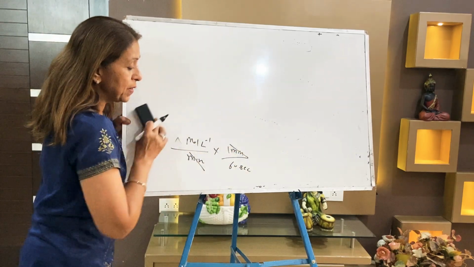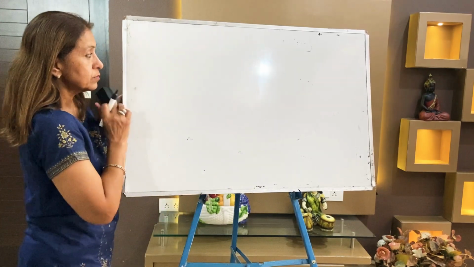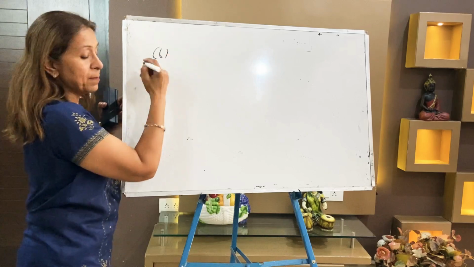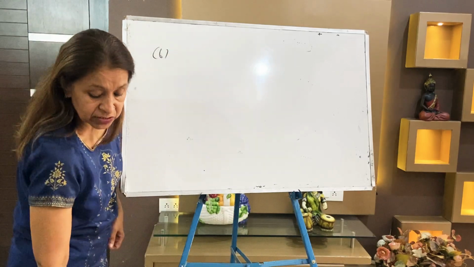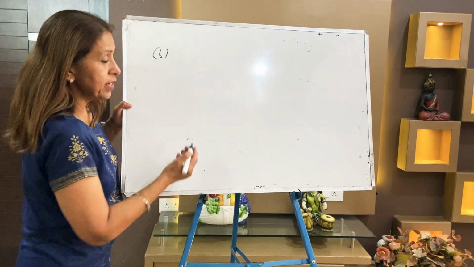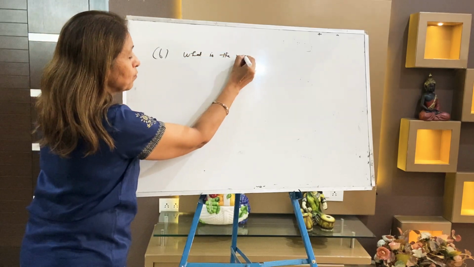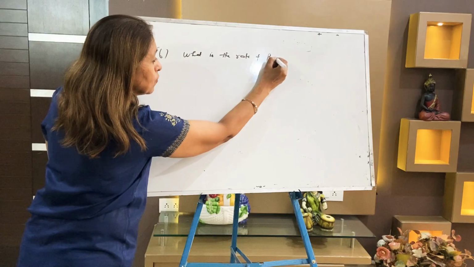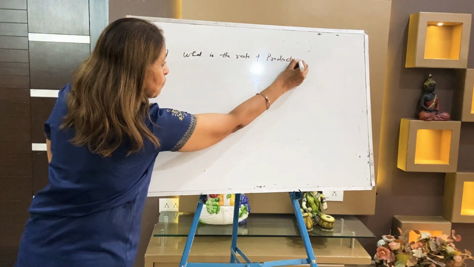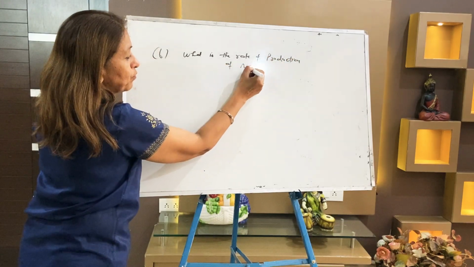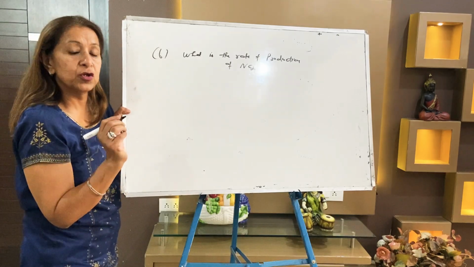Now I am taking the B part of this numerical. In the B part they are asking about the instantaneous rate. First time taking. The question is, what is the rate of production of NO2? This is a new type of question.